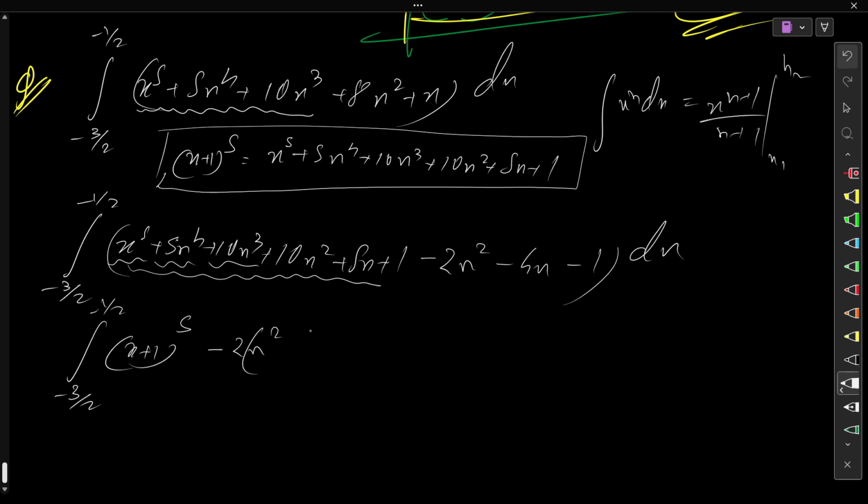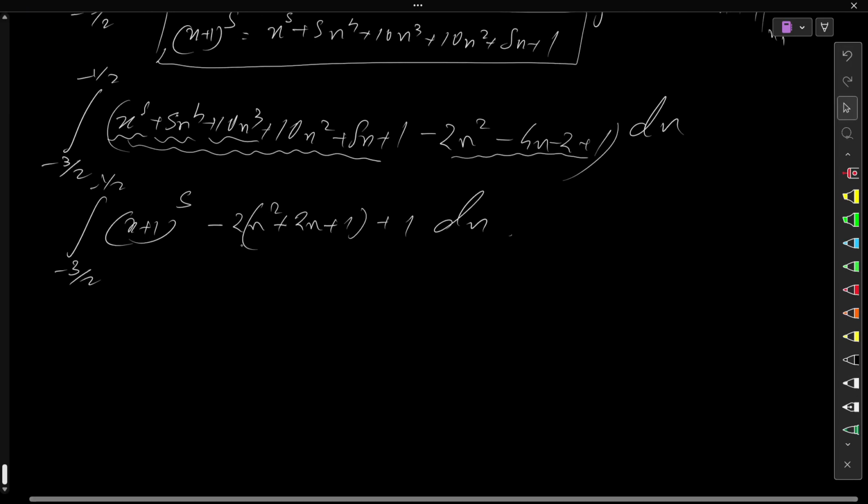I'll take 2 as common because I'm seeing that there's something like a perfect square, so I'll write it as minus 2 times (x square plus 2x plus 1), plus 1, dx.